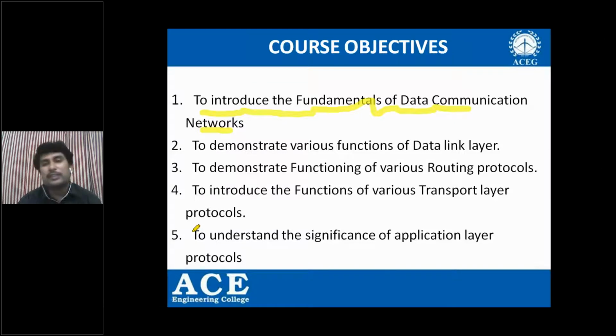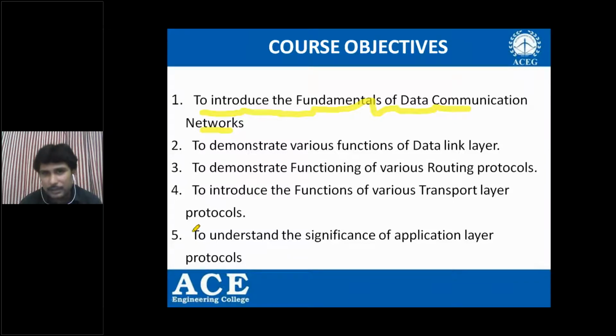So we will try to understand what we mean by protocol, what the layers are, and how each layer helps us in sending the data from a sender to the receiver. These are a few of the objectives that we would like to achieve using the subject called data communication and networks.